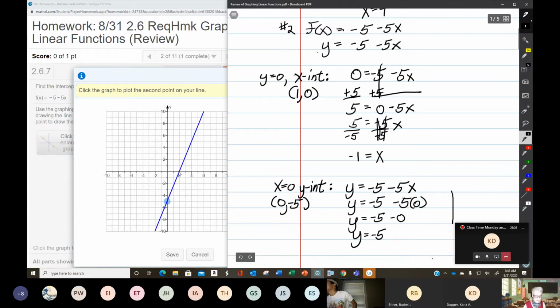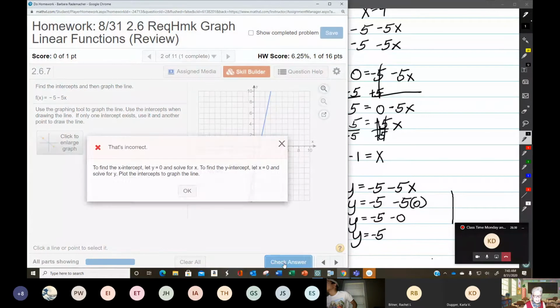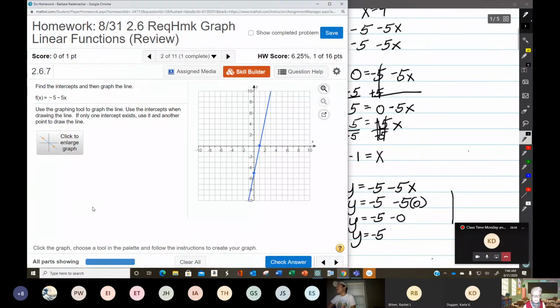So I'll come to 1, 0. And then I'll save, and I'll check my answer. All right, -1. You see what a little negative sign will do? That should have been -1. No wonder, now I have to start over. Is it going to let me start over? I think so.